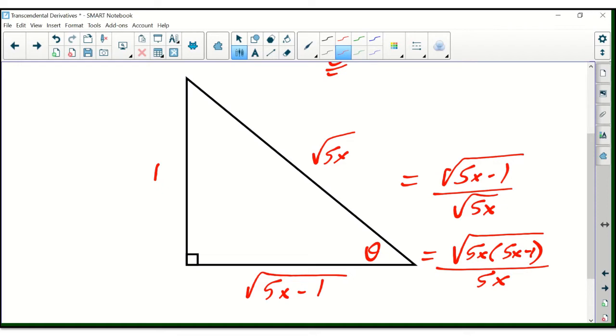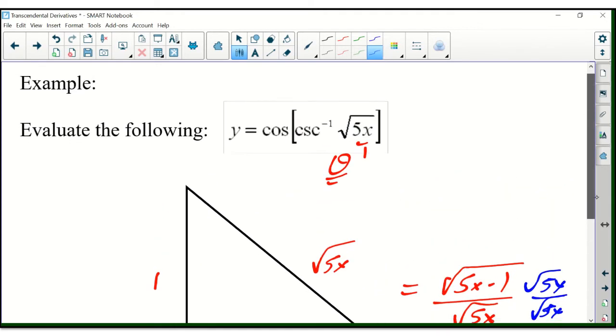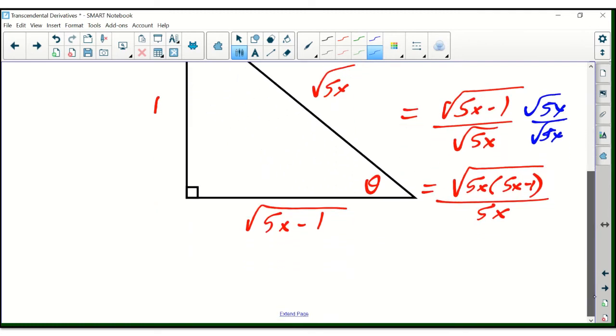Rationalize the denominator by multiplying by square root 5x over the square root of 5x, and it'll give us that. That is the cosine off of that diagram. I might have one more of those.